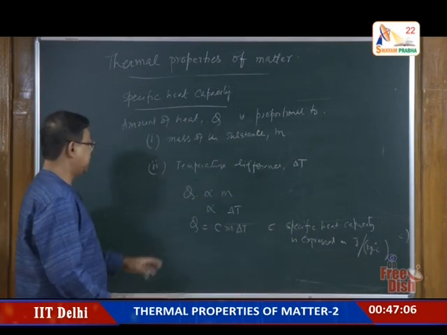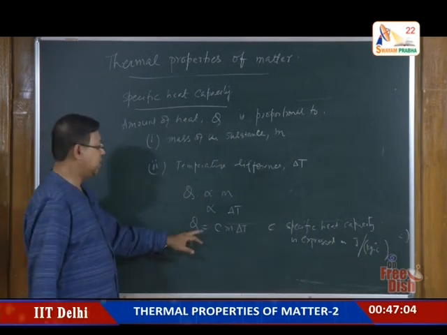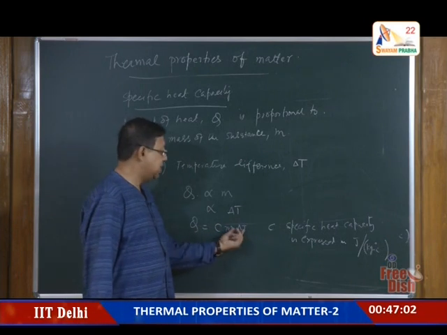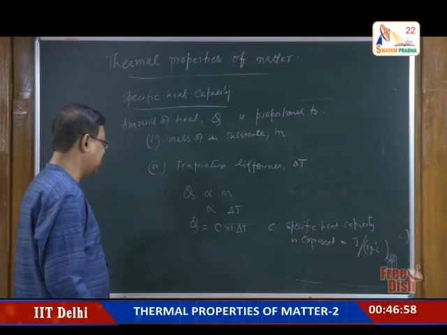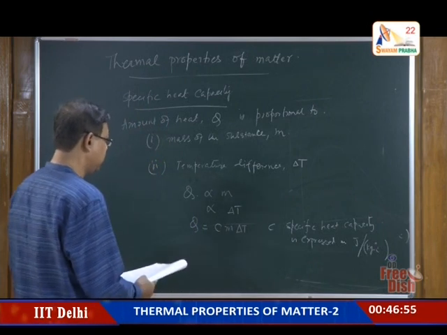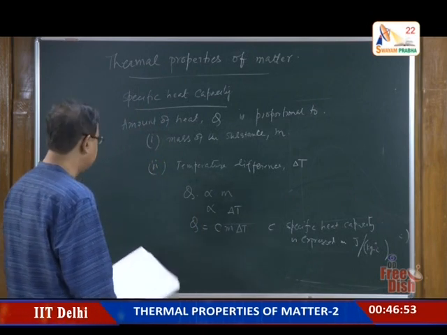Okay, so the heat is expressed in joule, the mass in kg, and delta T in degree centigrade, so this has a unit of joule per kg degree centigrade.